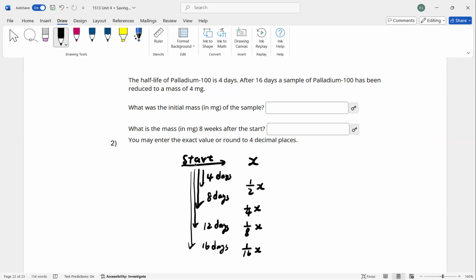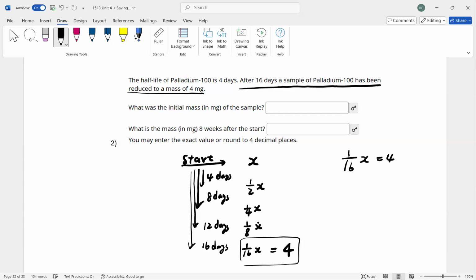And it says after 16 days, the weight of the sample has been reduced to a mass of 4 milligrams. That means 1/16 x is 4 milligrams, and this gives us a simple equation that we can solve. 1/16 x equals 4. Multiply by 16 on both sides, cancel, x equals 64.